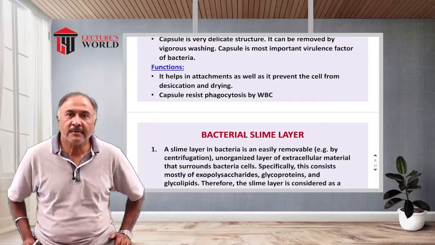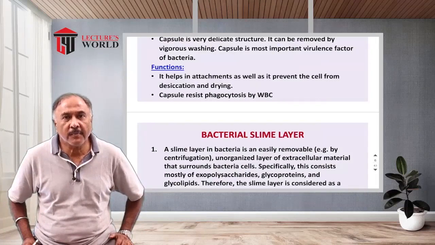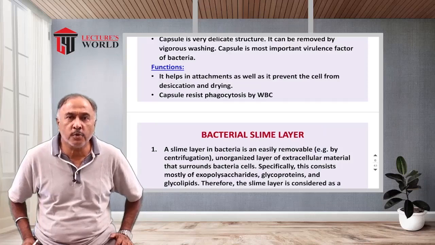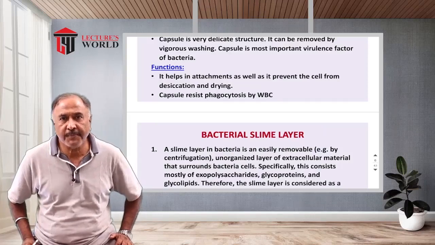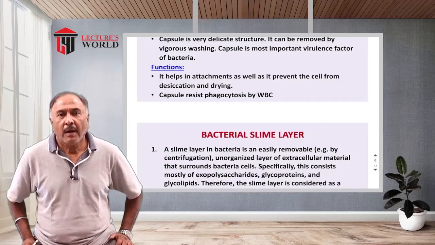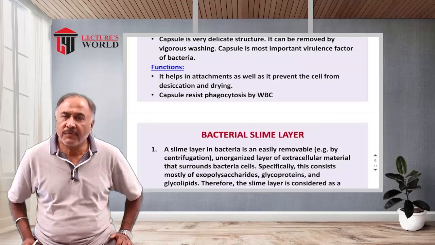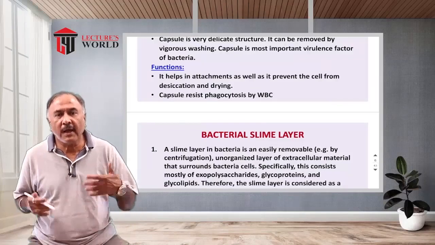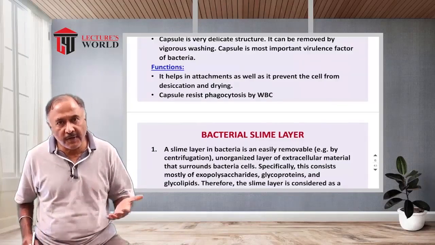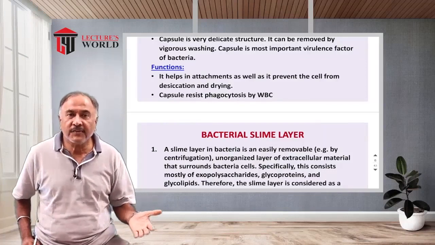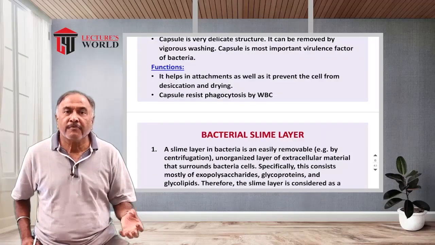For example, whenever an organism enters our system, specifically into tissues and our bloodstream, the primary line of defense is skin, hair and other things, the mucilaginous layers of the body. But the secondary defense system includes phagocytosis.